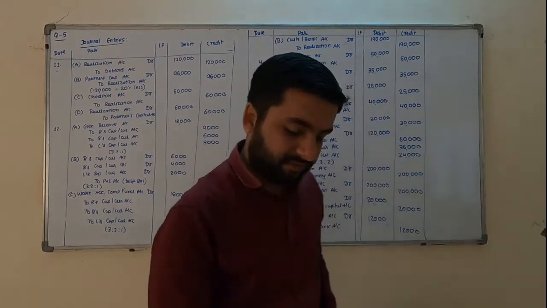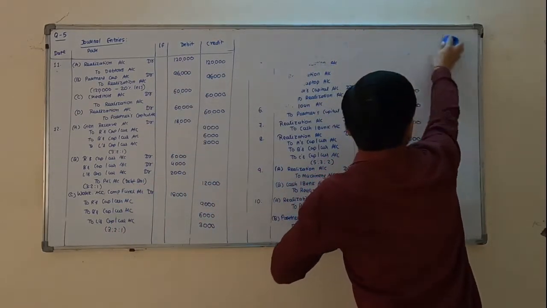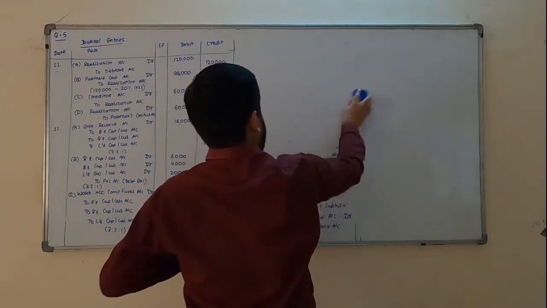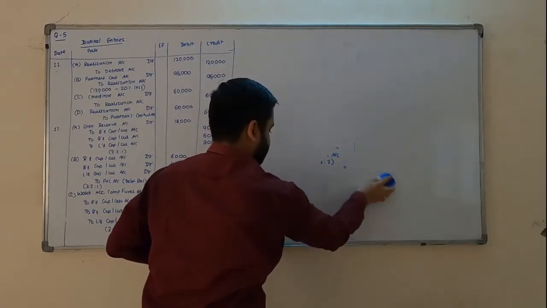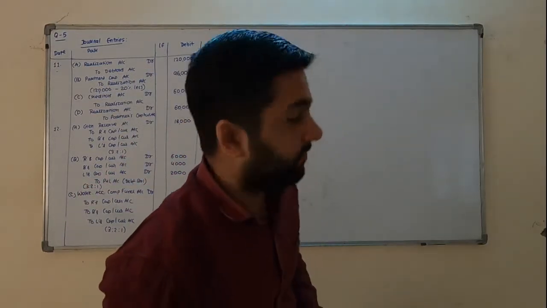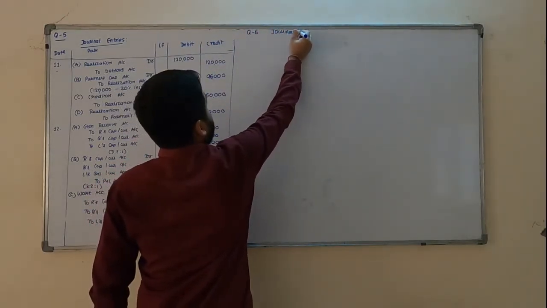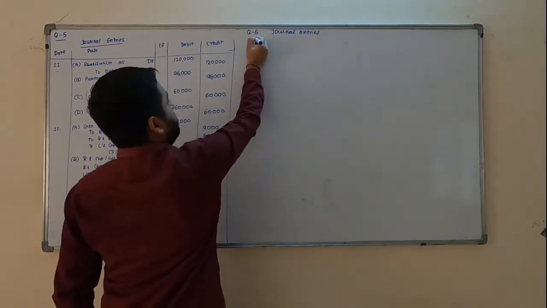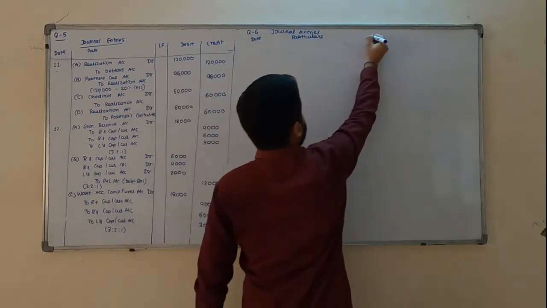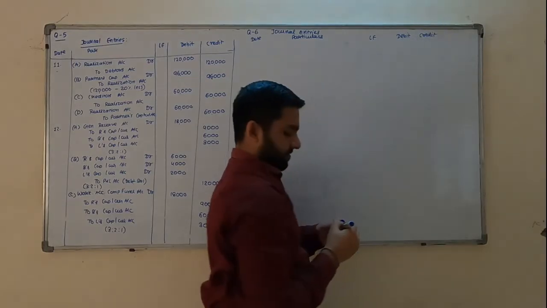Now we are going for the 6th question, which has 8 general entries. So we'll make the format. Question number 6, journal entries: date, particulars, LF, debit, credit.